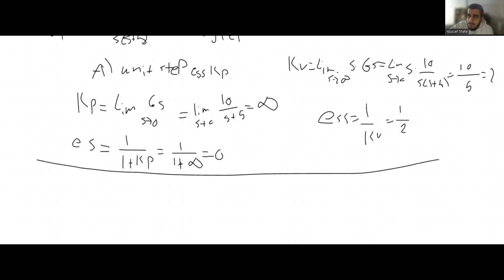So s square plus 2 zeta omega n s plus omega n square equal to 0.